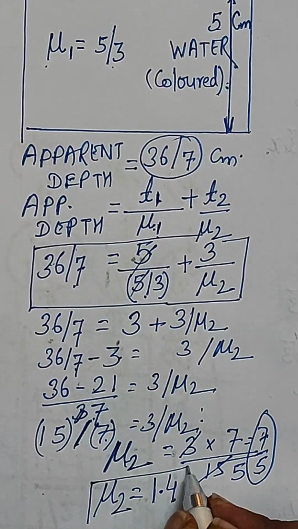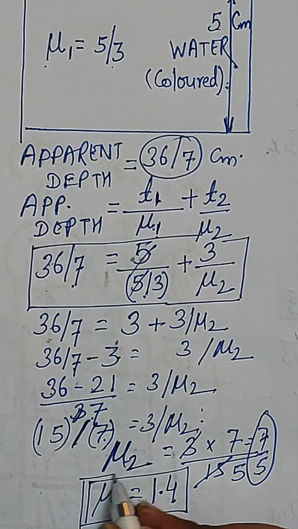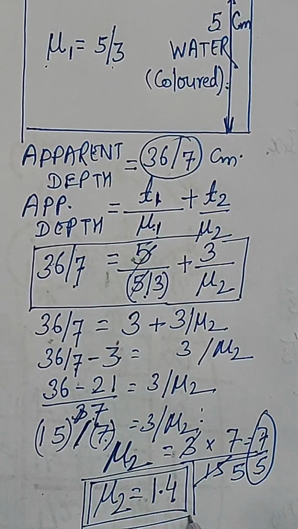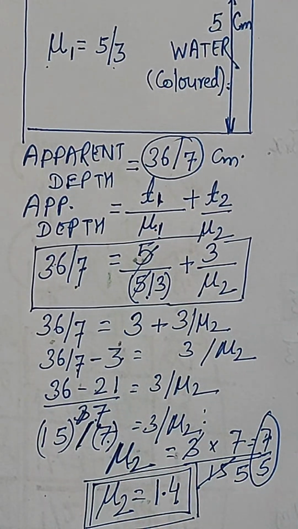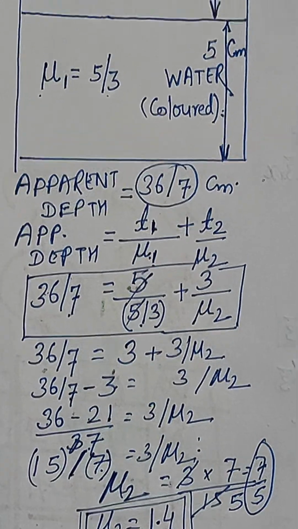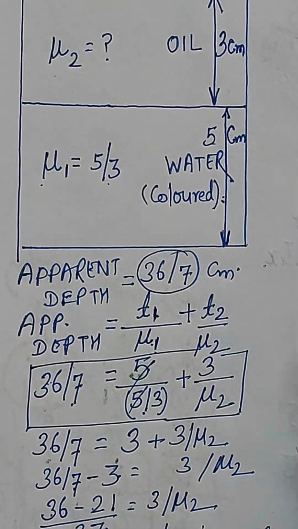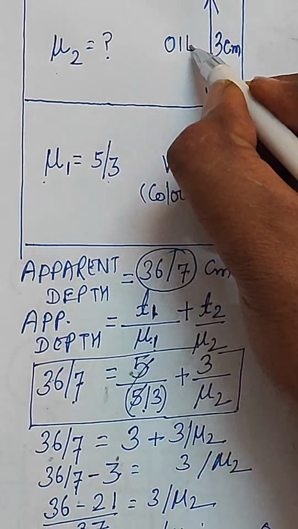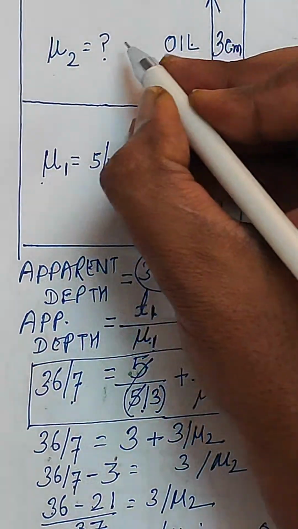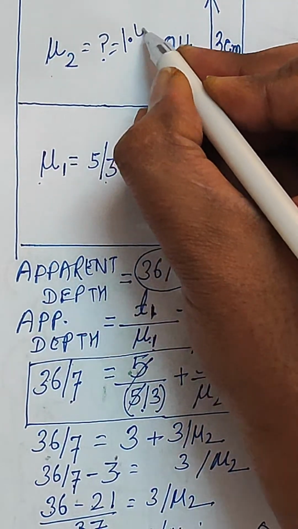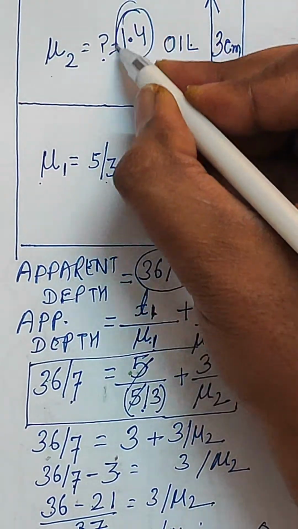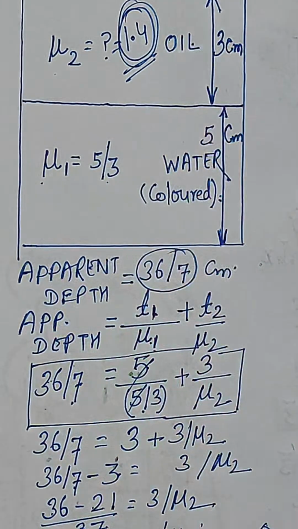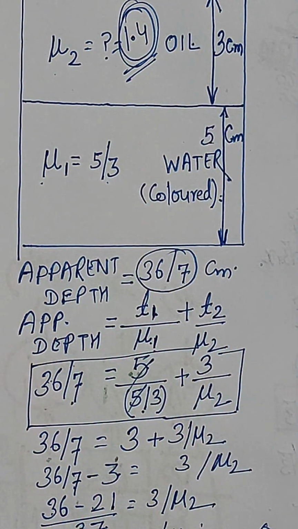So my dear friends, mu 2 is the refractive index of the layer of oil. The oil layer which is placed above this water, its refractive index is calculated, and that is equal to 1.4. And this is our answer, my dear friends, right?